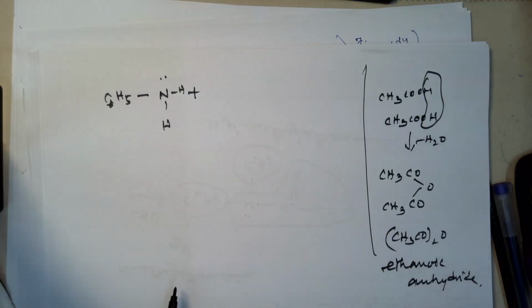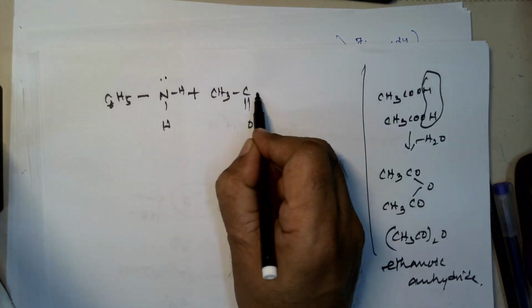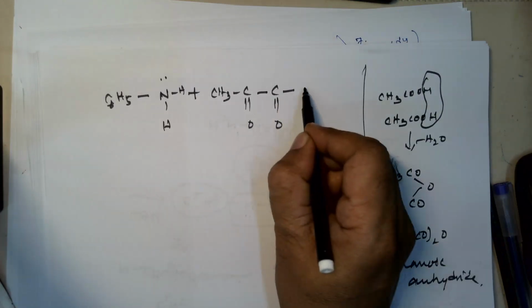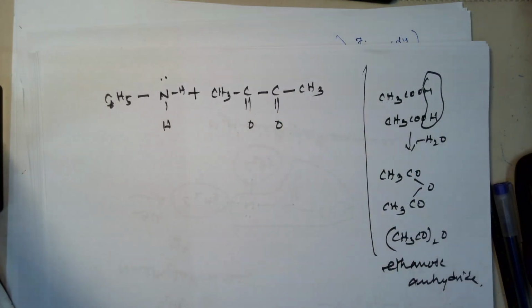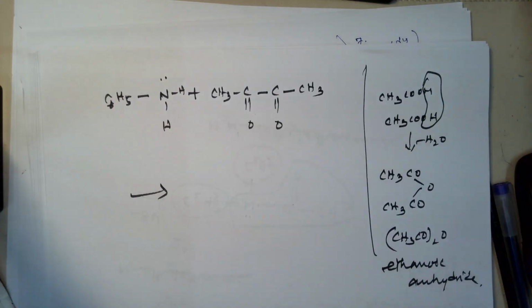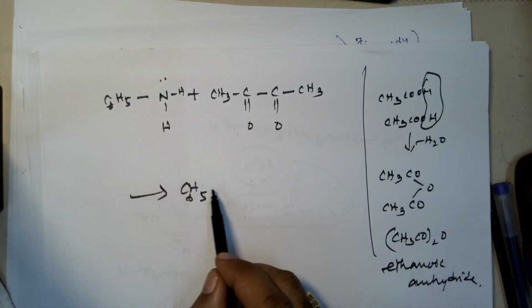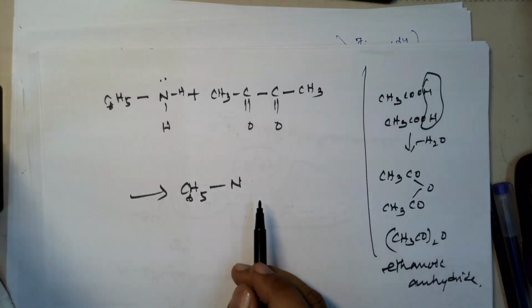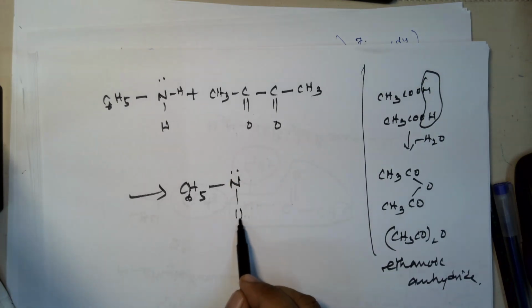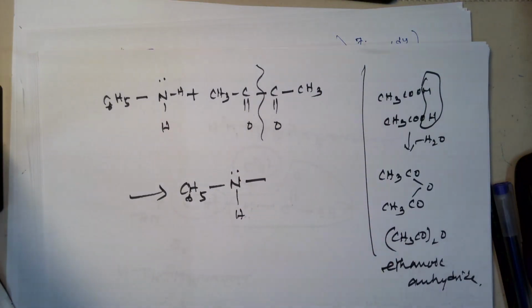Now we can make use of this ethanoic anhydride. So CH3, C double bond O, O, C double bond O, CH3. Okay. Now it forms, that is CH3COOH is removed, and here C6H5, as usual, one H is removed here. So you have got the H, and then the bond is broken here.